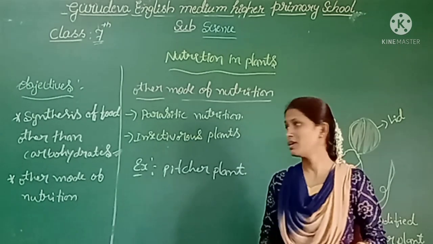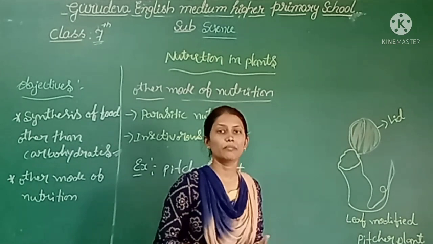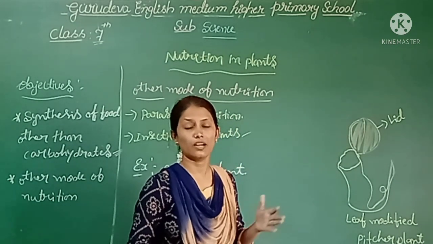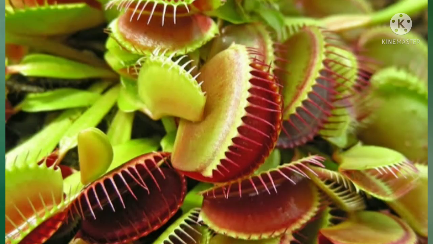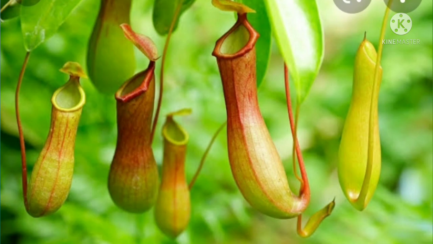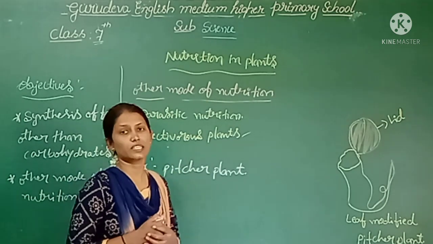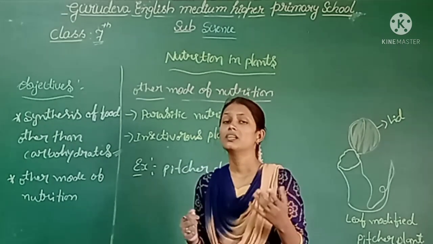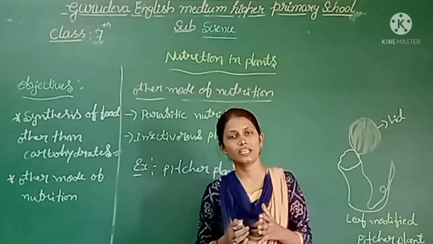Yes, dear children, now let us discuss the insectivorous plants. There are many insectivorous plants, but here only the pitcher plant is referred to for you. Look at this picture. These are a few examples of insectivorous plants. You might have seen or known about these plants.